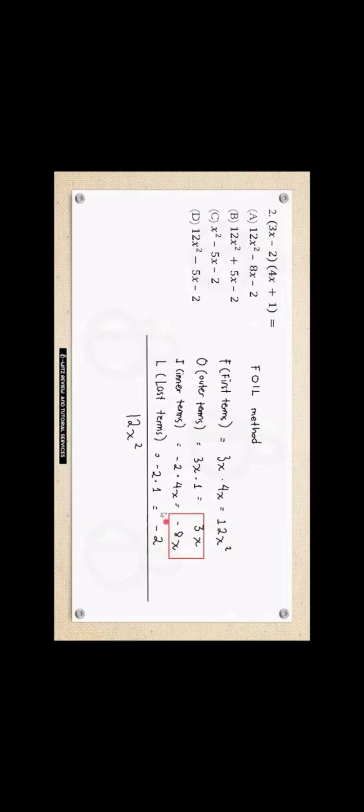Next, combining these two will give us negative 5x. And finally, copying the product for the last term, which is negative 2. And we see clearly that the answer here is letter D.